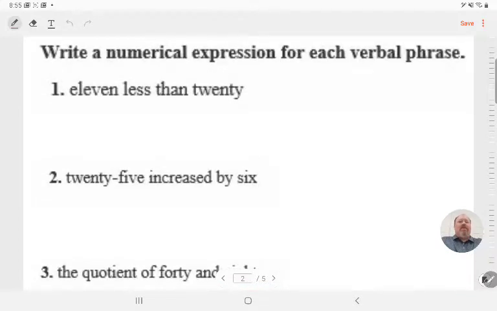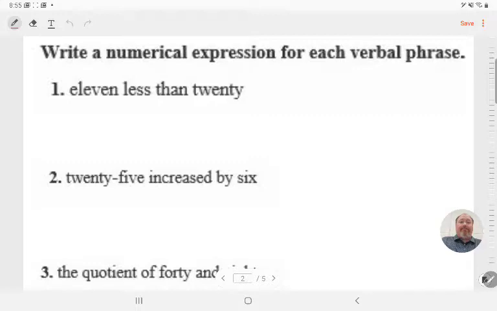So then this is where you would pause the video, go to your note sheet, and on your note sheet there are 5 different examples that you should work to see how you do writing numerical expressions. So pause the video, work them, then come back and you can see how they're worked, okay?